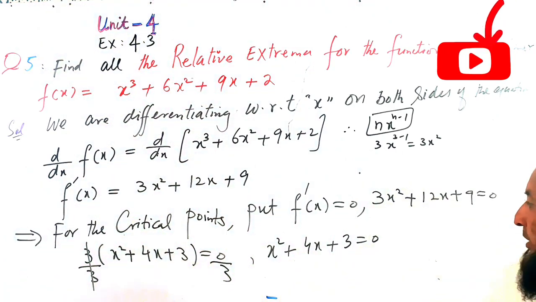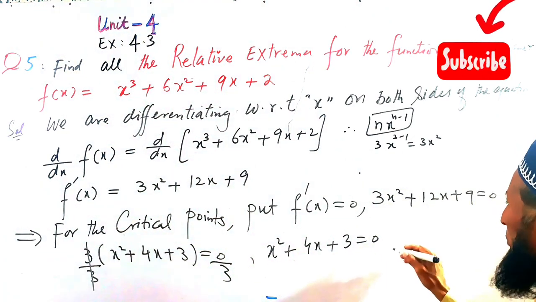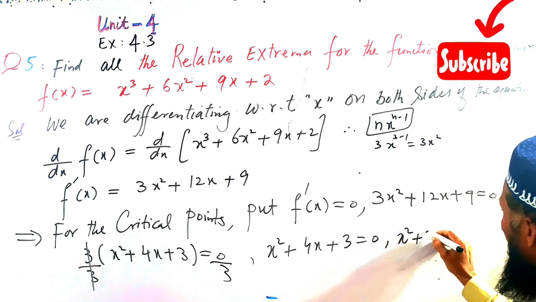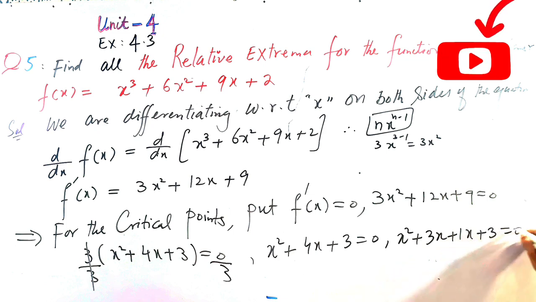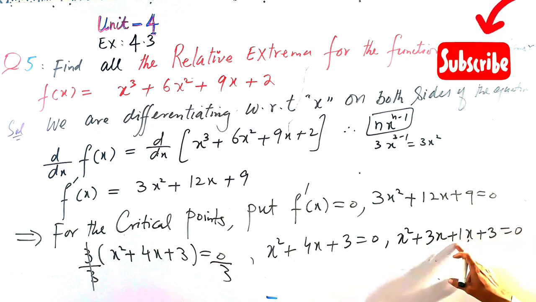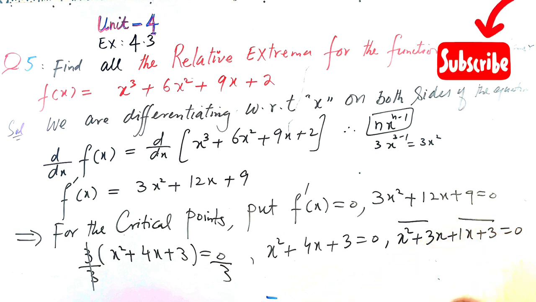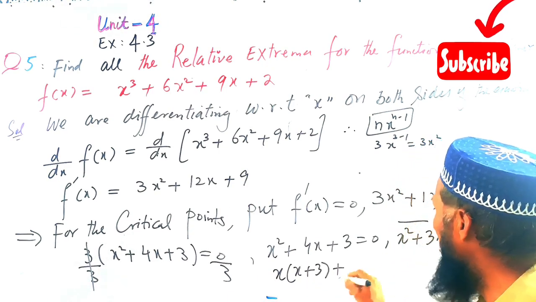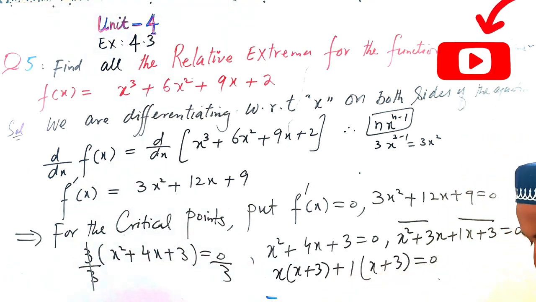Now we factorize this function. If we multiply the first and last terms, we get 3. We can write this function as x square plus 3x plus 1x plus 3 is equal to 0. 1 plus 3 gives the middle term 4, and 1 multiplied by 3 gives the product of the first and last terms. Now we make pairs: x is common, x plus 3, and 1 is common, x plus 3, is equal to 0.